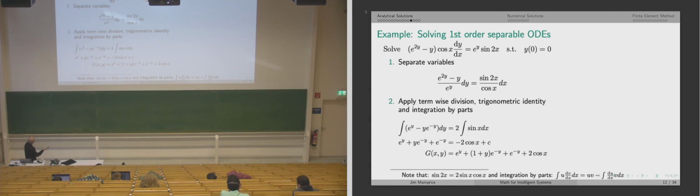So for the integration by parts here, we identify y to be u, I think. Yep. y is u, and then this is the derivative of the function, e to the minus y.